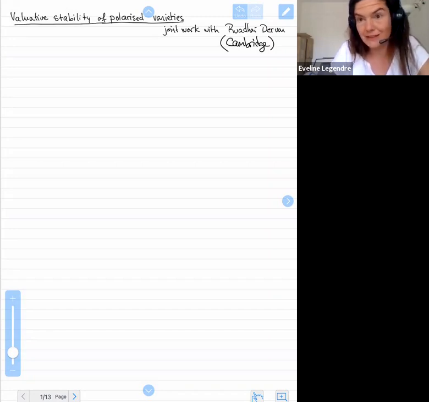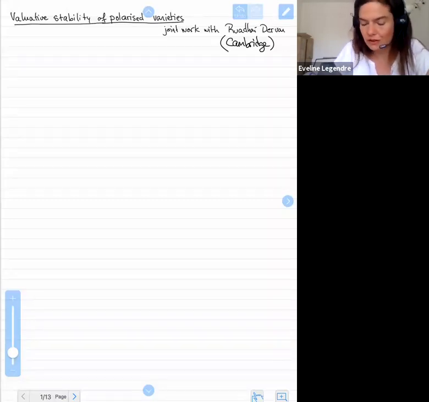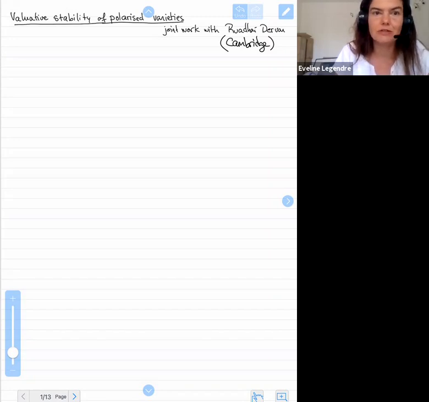We succeeded in this, and at least I am very happy with our results, but we also found very strong evidence that this notion of evaluative stability is not equivalent to K-stability for generalized polarized varieties. So this is what I want to explain today: the definition of evaluative stability and its relation to K-stability.